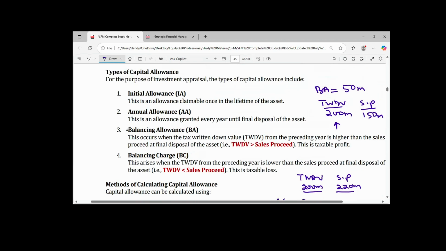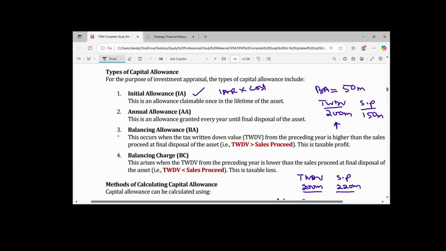Okay, for a very long time, I've never seen any question that includes the initial allowance. But if you have it on the day of your exam, because you never can tell, the examiner can decide to perform wonders. In any case, the bottom line is that to get your initial allowance, just multiply the initial allowance rate on the cost of the asset.